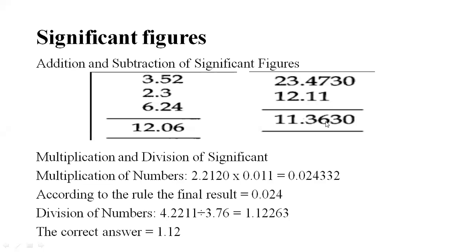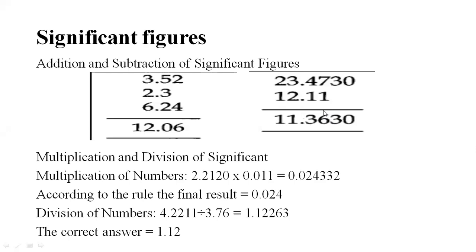When we carry out subtraction, we come to the answer. For the addition of 3.52, 2.3 and 6.24, they have different precisions, different numbers of digits after the decimal point. So the final result has two decimal places, reported as 12.06, which can be taken as 12.1.